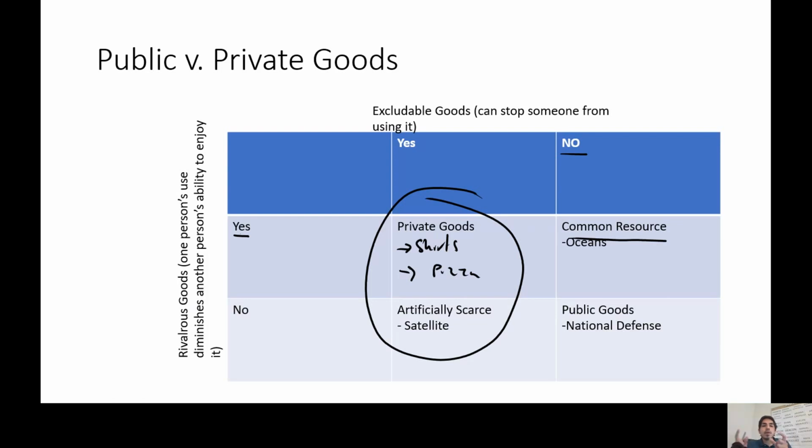The tragedy of the commons example, we can use the game theoretic concept of prisoner's dilemma to think about it. And so in this column right here, where goods are not excludable, those are realms where we expect government intervention to make a significant impact and a difference, right?